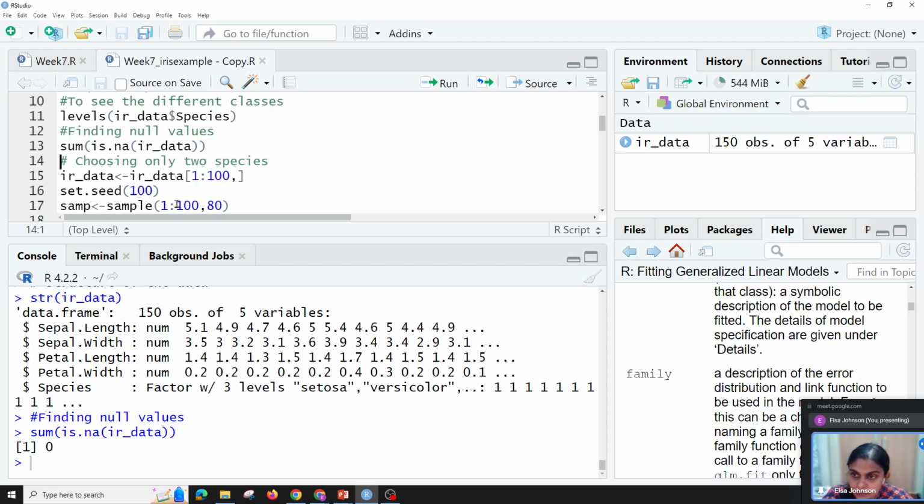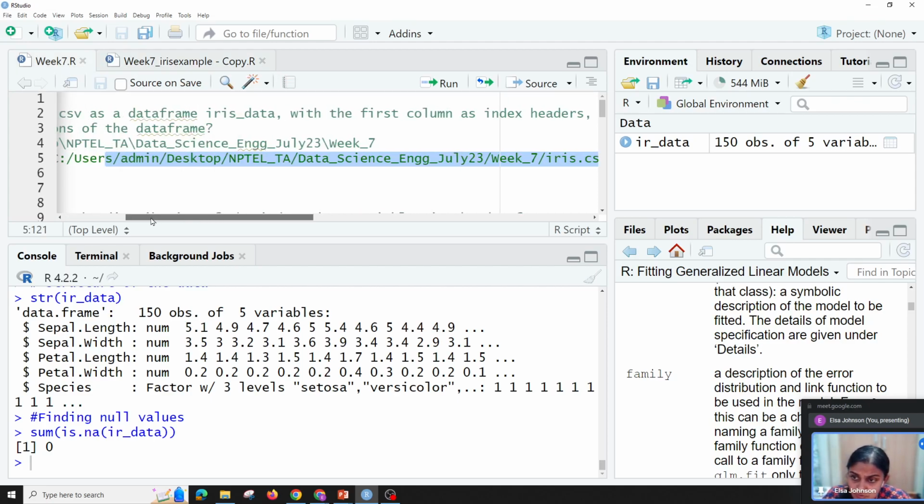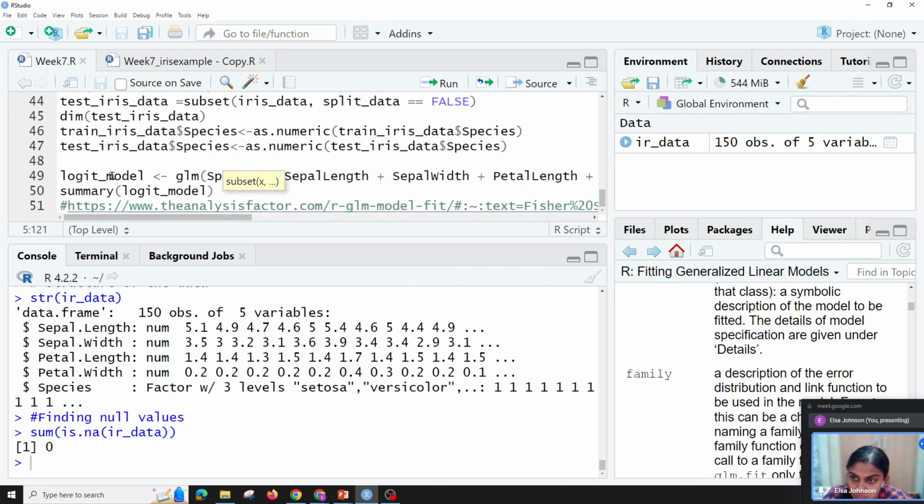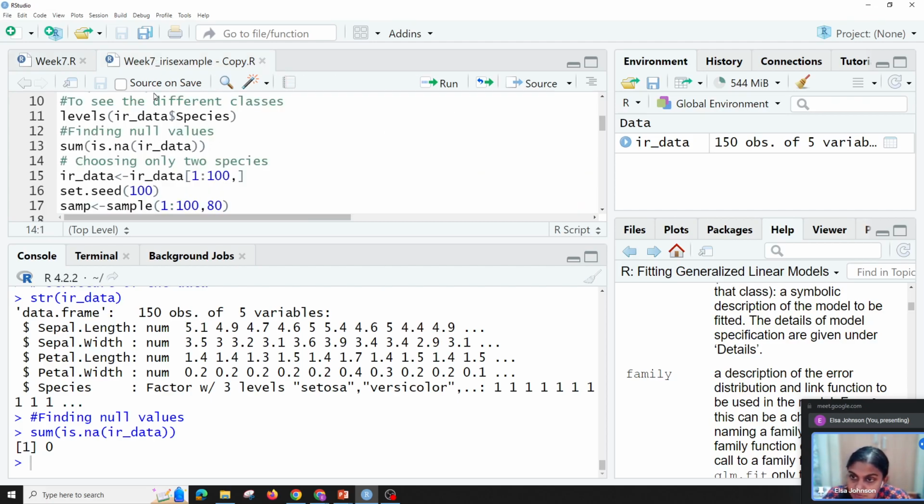Now what we'll do is see it for 2 species only. Earlier we saw 3 different species, calculated the model using the GLM function, and saw the summary. Now we will see it as a binary classification problem. So for that I am taking only 2 species.